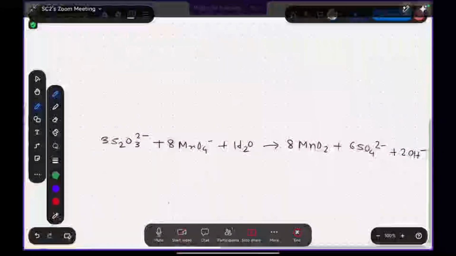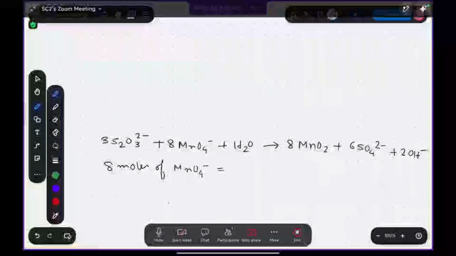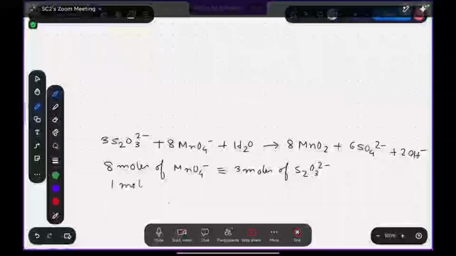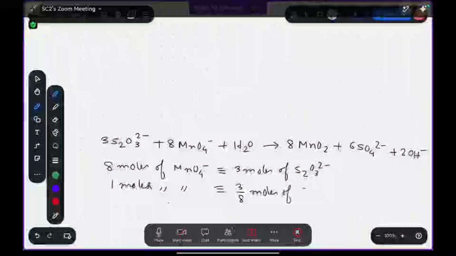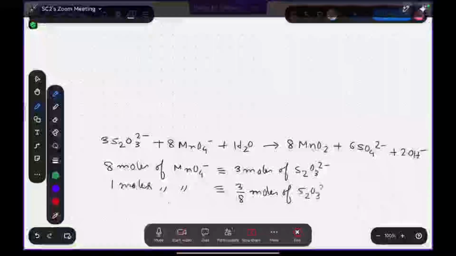What can you see from this? That 8 moles of permanganate is equivalent to 3 moles of the thiosulfate. Or we can say, if 8 moles is 3 moles, then 1 mole of permanganate will be equivalent to 3 by 8 moles of thiosulfate ion.